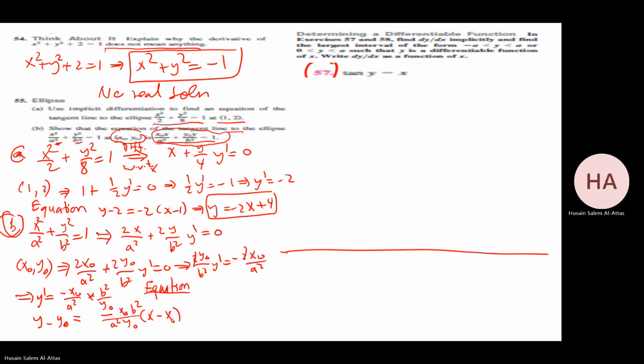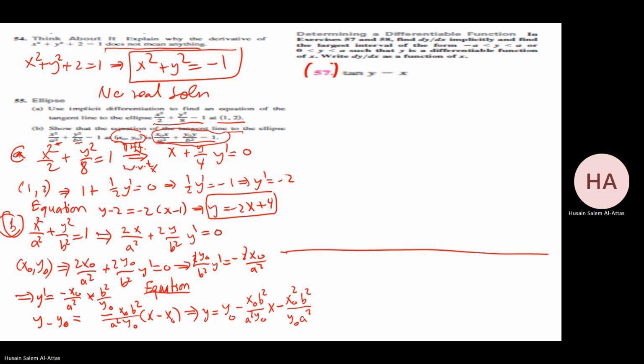So I'm getting y equals y0 minus x0 b squared over a squared y0 times x, minus x0 squared b squared over y0 a squared.